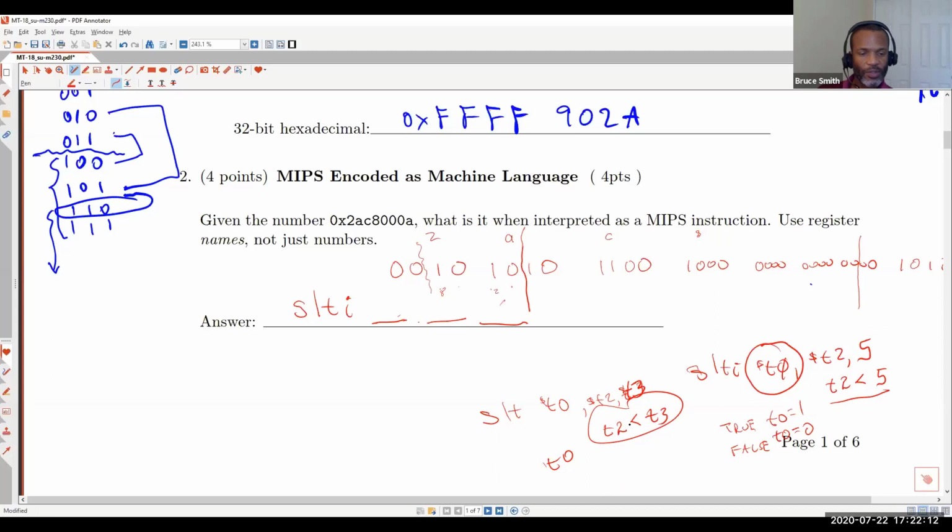If T2 is less than T3, this becomes a 1. If T2 is greater than or equal to T3, this becomes a 0. So that's what a set on less than and a set on less than immediate, an actual number, is doing.